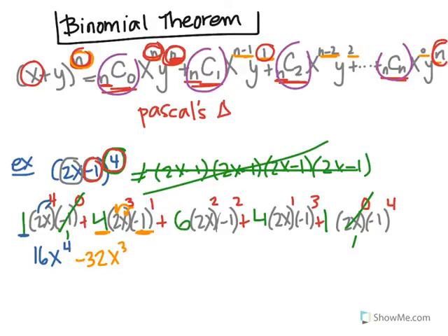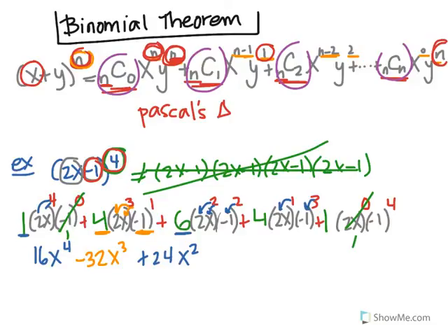Alright, going on to the next one. Do powers first. So 2 squared is 4, and then negative 1 squared is 1. So I get 4 times 1 times this 6, which ends up being a positive 24, and then now I can do the x's. So I get x squared. Here I end up getting a 2 to the 1st times a negative 1 cubed.